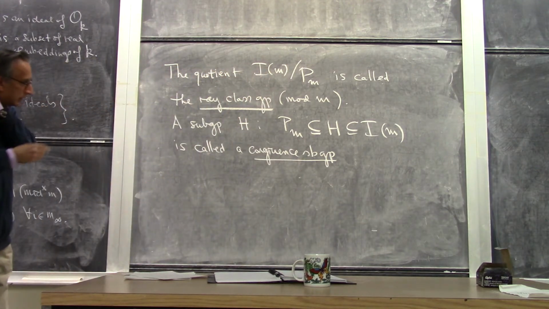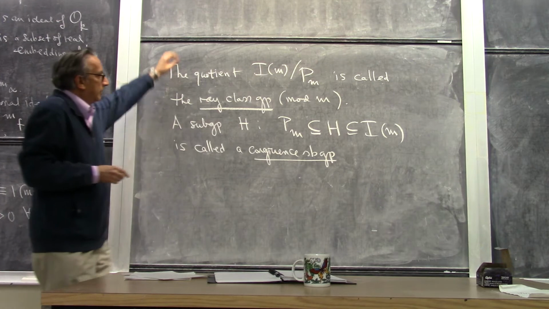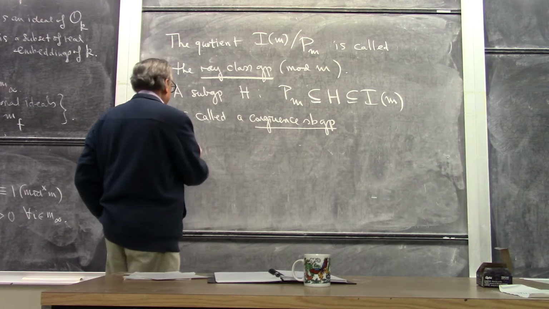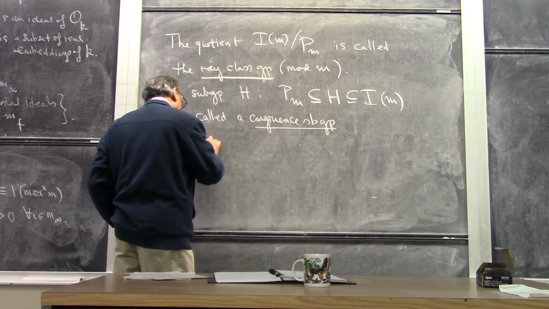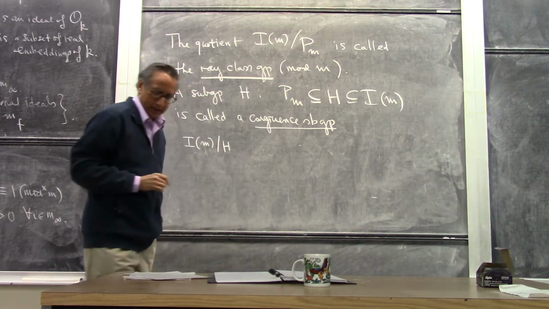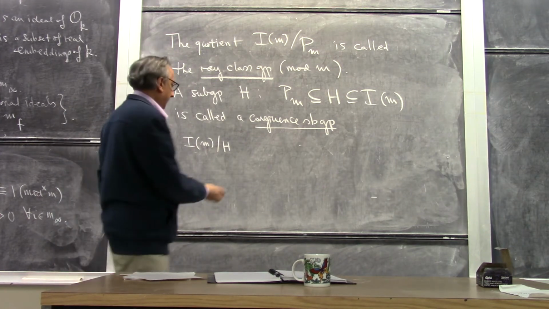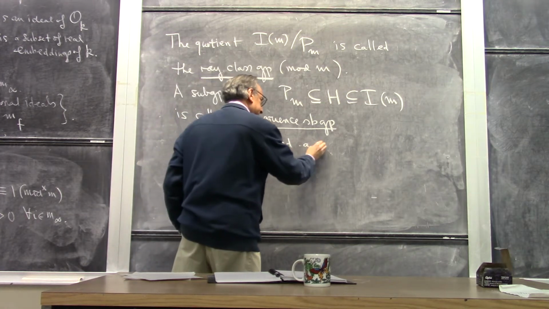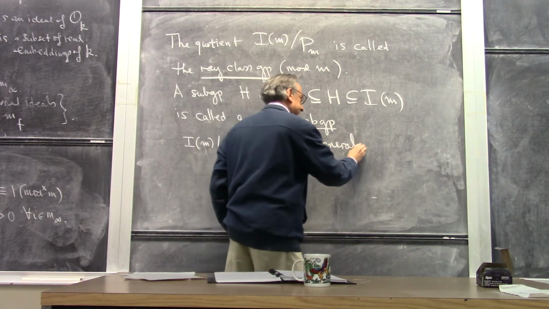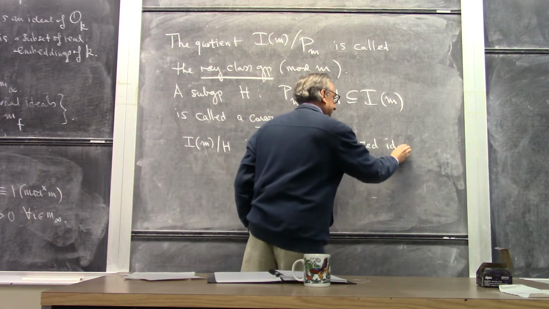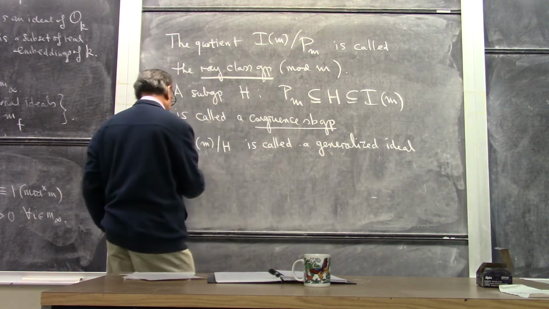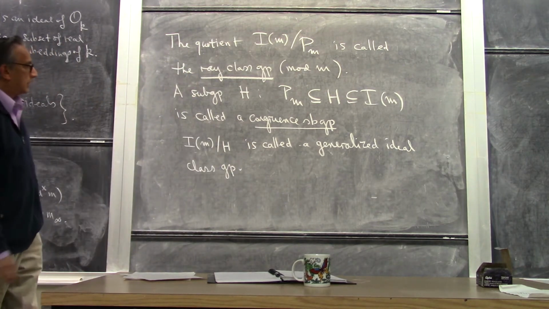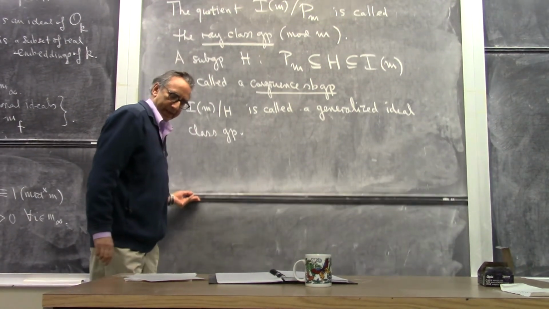Congruence subgroups in general in algebraic groups are, of course, a generalization of this kind of idea. And we denote I(m) modulo H, which is called a generalized ideal class. So this is the setup that we have.